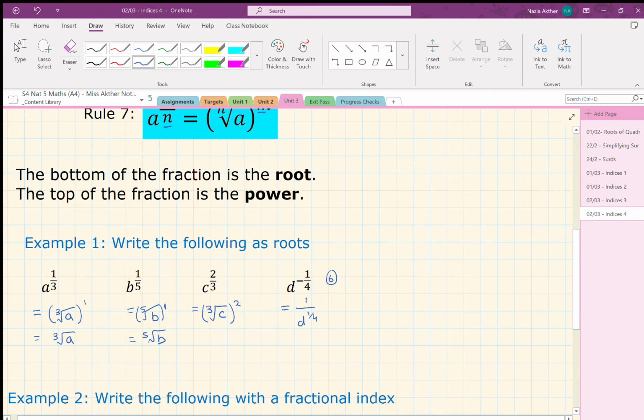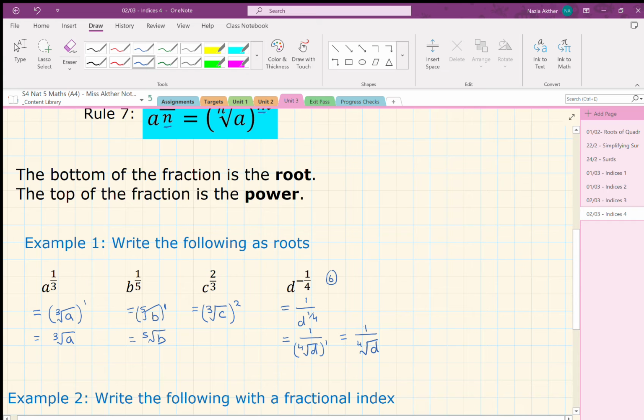We can now change the d to the power of a quarter to a root. So then I can write this as 1 over fourth root of d, take that to the power of 1, and again anything to the power of 1 is itself, so my final answer for this one would be 1 over fourth root of d.